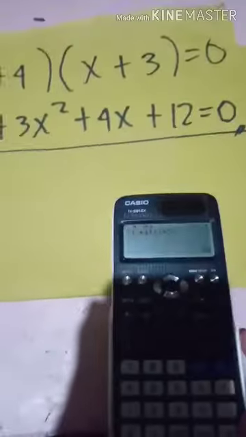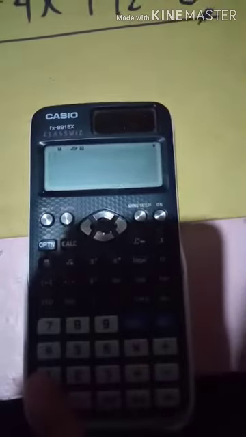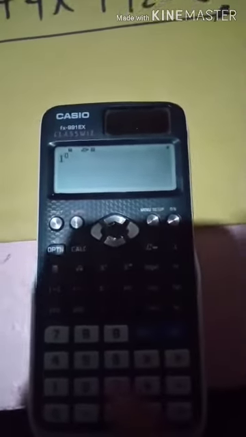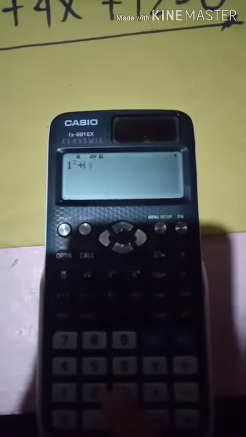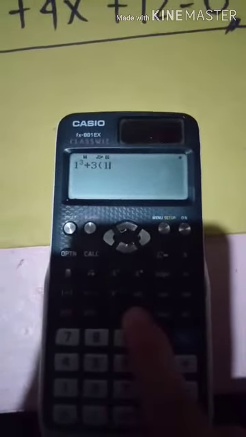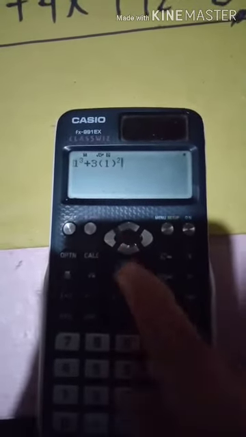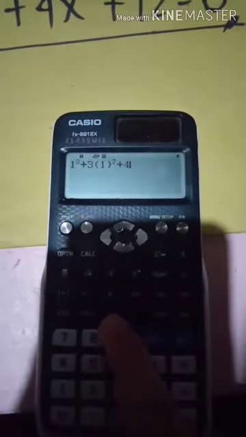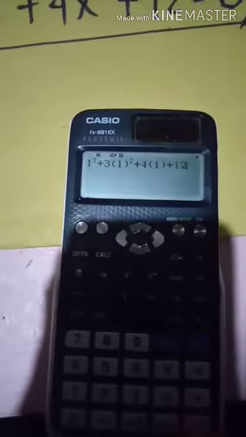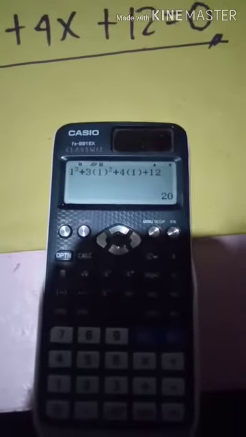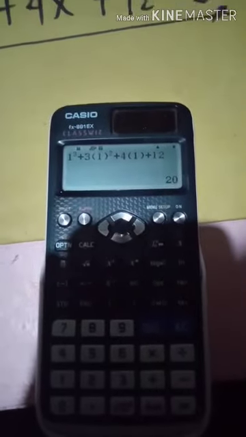So we compute 1 cubed plus 3 times 1 squared plus 4 times 1 plus 12. So the answer is 20. So our answer is correct, guys, since both answers are the same.